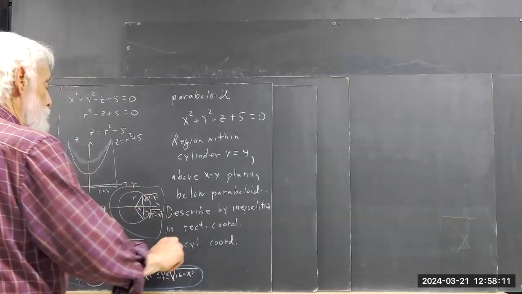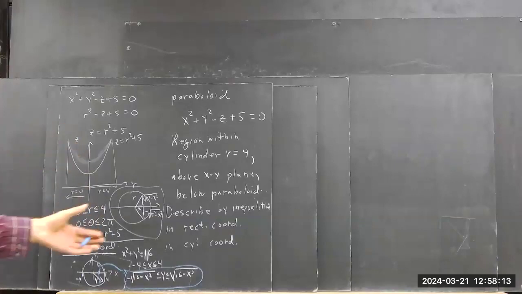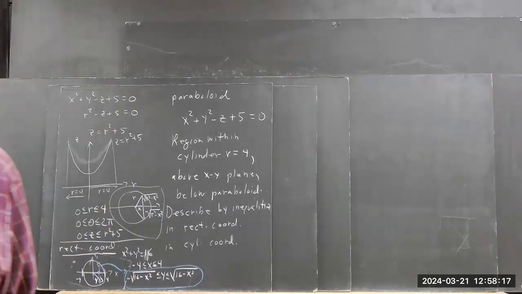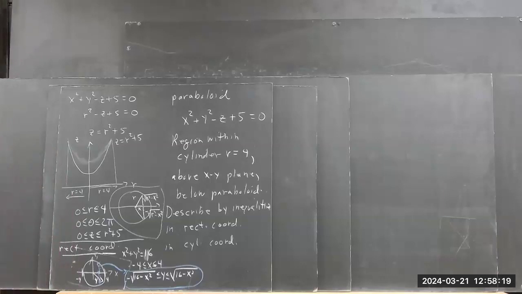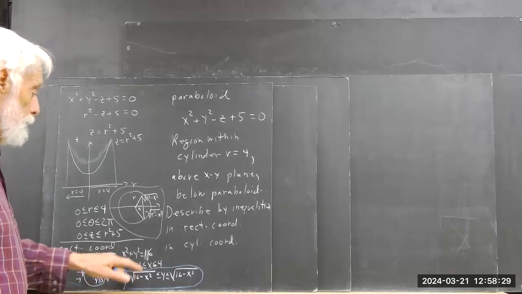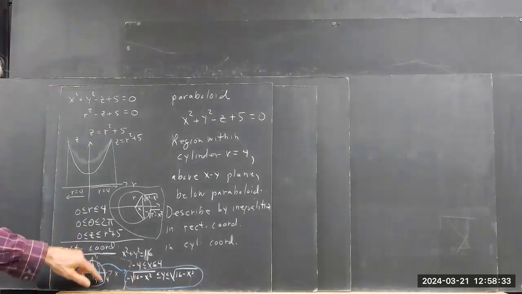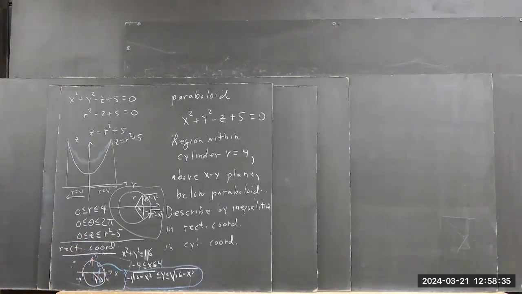It's just a standard picture, a picture you draw over and over again when you're doing common figures in 3 dimensions, okay? So there we have inequalities that describe where we can go in the XY plane.